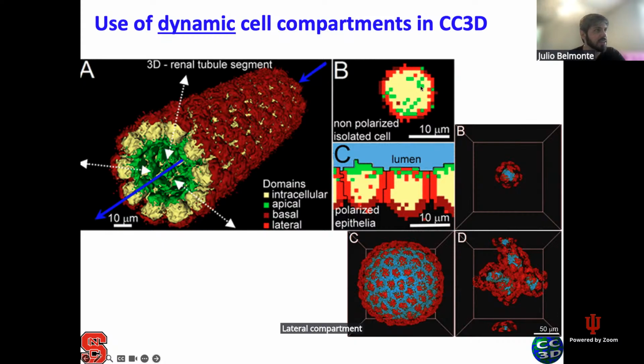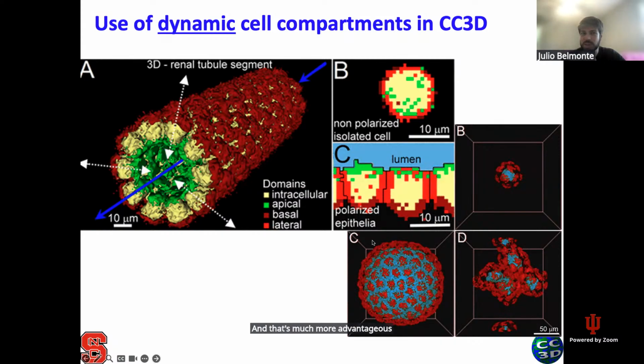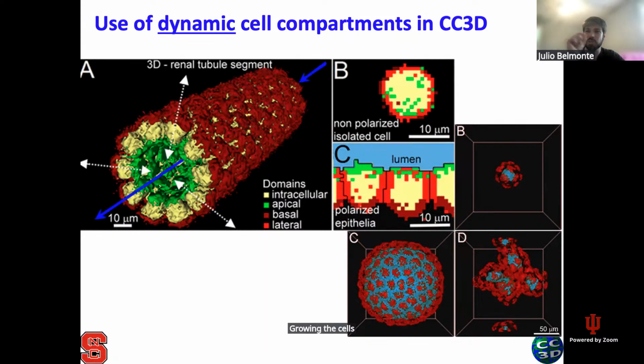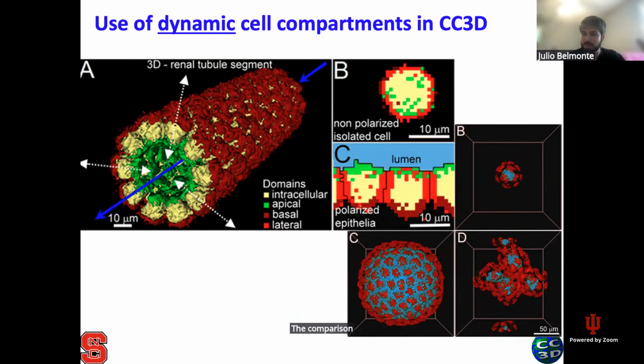And you see that if the cell is isolated, these compartments are mixed inside the cell. But as soon as the cell is in an environment where it interacts with the other cells, the lumen and the ECM, then these compartments sort out. And that's much more advanced because I don't have to worry about placing the compartments in the correct place when I create new cells or grow the cells. The compartments automatically sort out to the correct positions.